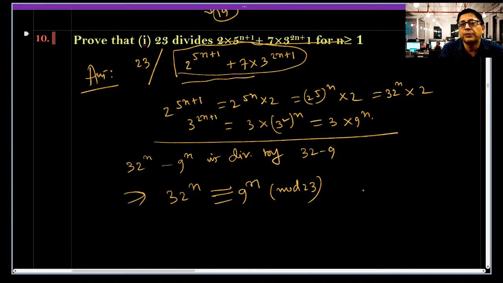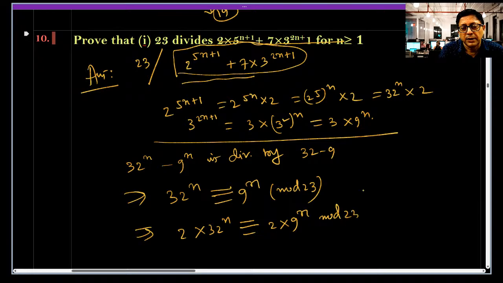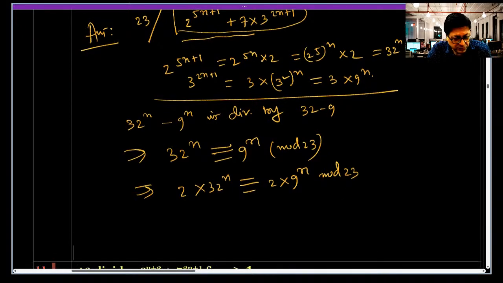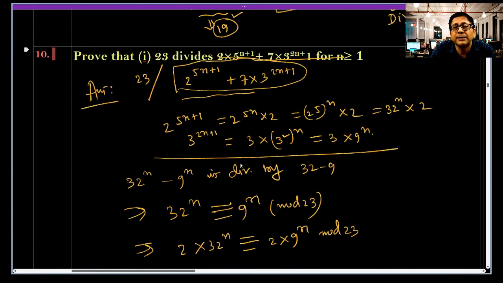So now you need to manipulate. Clear? You multiply both sides by 2. This implies 2 into 32 to the power n congruent with 2 into 9 to the power n mod 23. Clear? You understand? We have reached almost. Here it is 2 into 5 to the power, but here we are getting just 2.